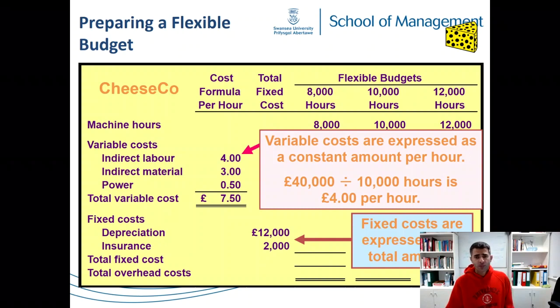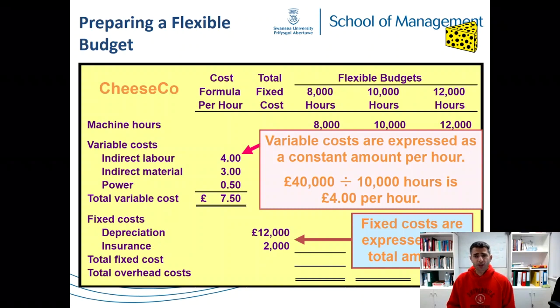Can you see here, variable costs are expressed as a constant amount per hour. So in order to fill in the 8,000 and 12,000 hours, you need to first calculate the variable cost per unit.